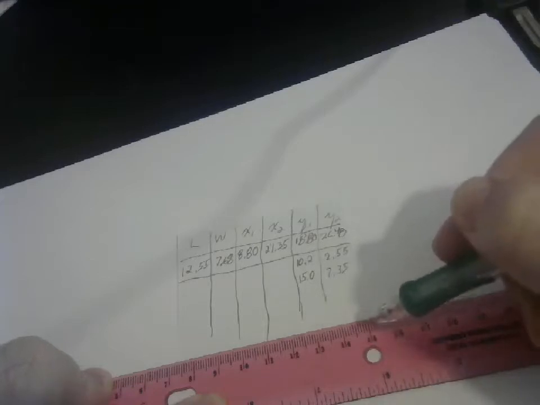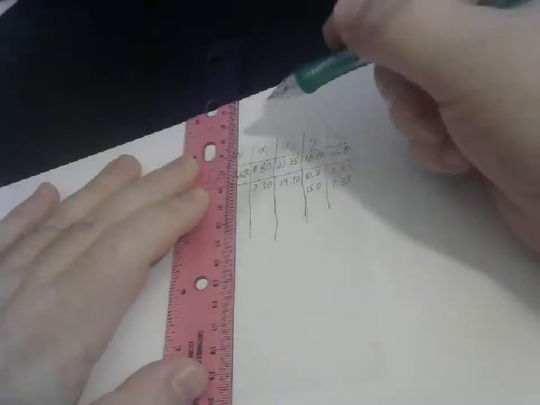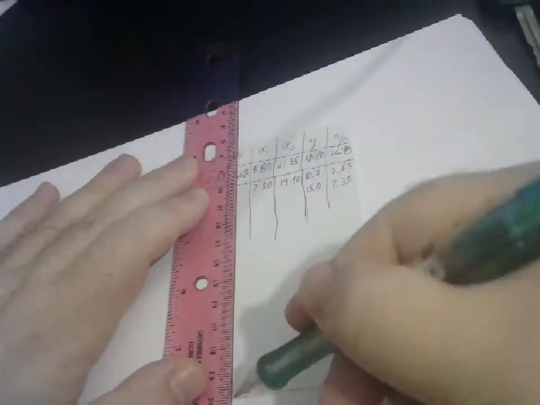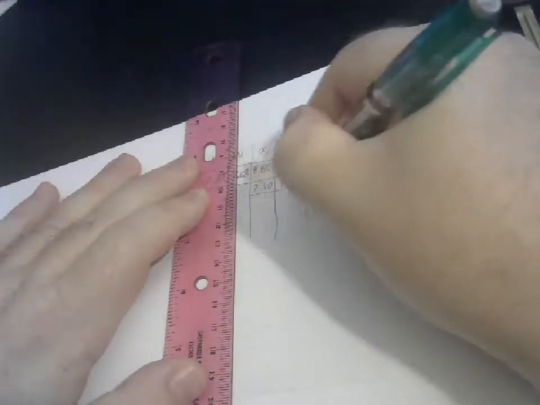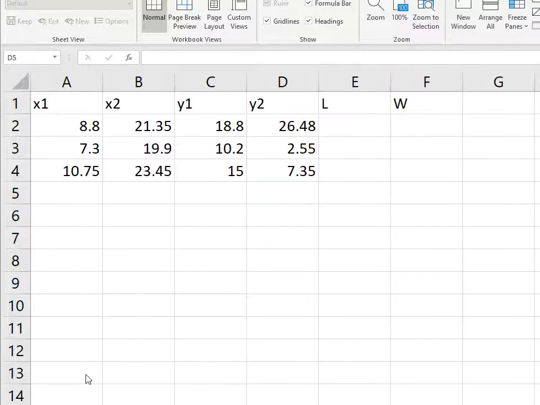About 15.0 and 7.35. And a couple for the length, 7.30 to 19.90, and then 10.75 to 23.45.